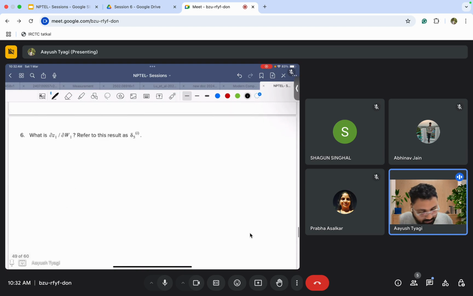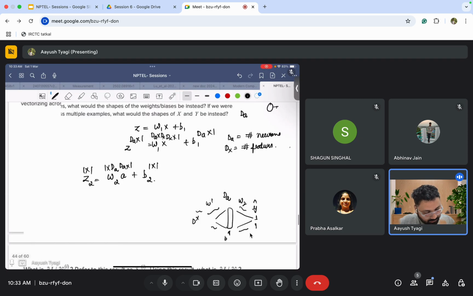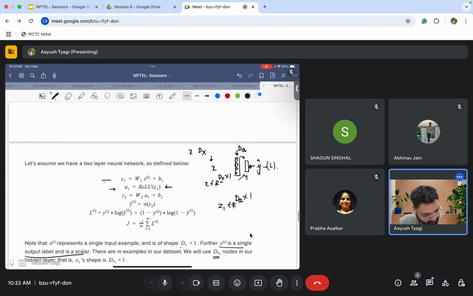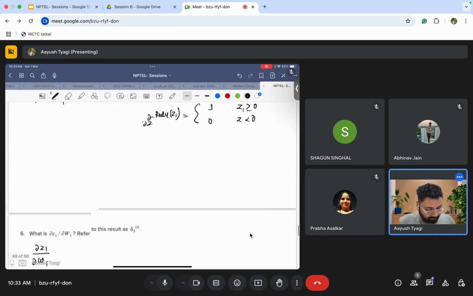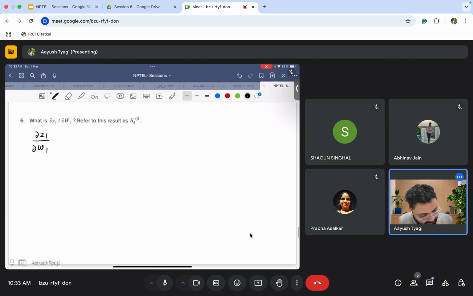Next we are moving one step backward. We want to compute the derivative of z1 with respect to w1. Z1 is basically w1 xi plus b1, right?